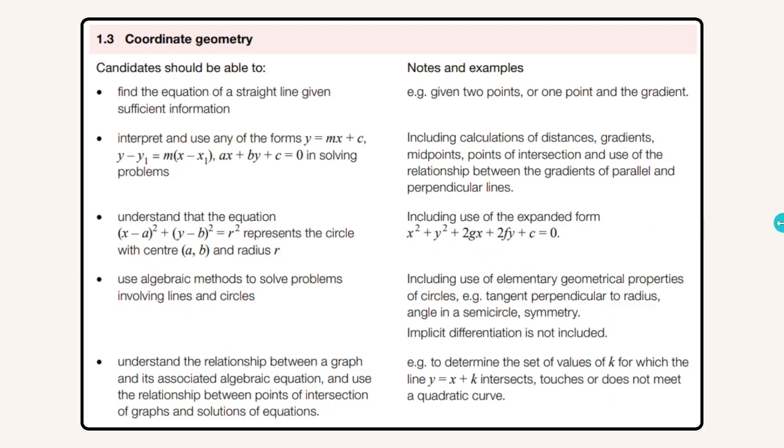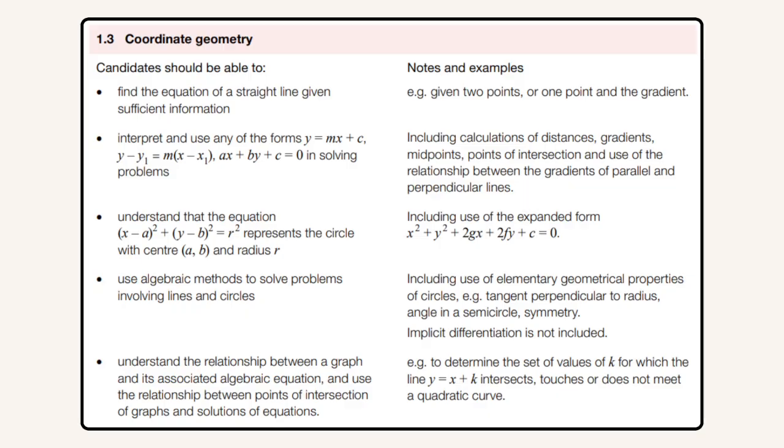And it's easy to solve such questions by making it into the equation of x minus a whole square. So I'm sure you would find it easy to combine the x square plus 2gx and y square plus 2fy into the brackets.